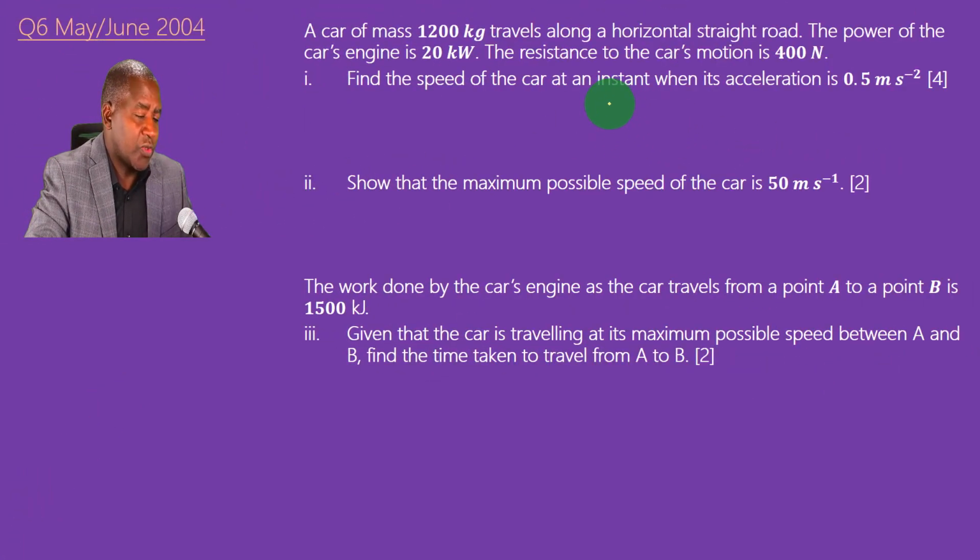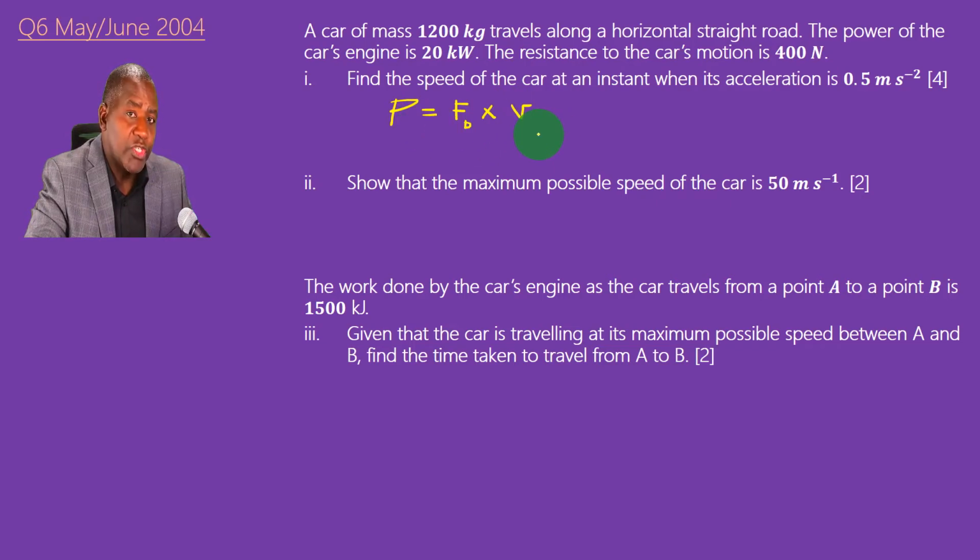Now I want to focus on something that I've said in some past videos, when to use the equation power is equal to force times speed. This will be the driving force, while this should be the constant speed that the object should have.